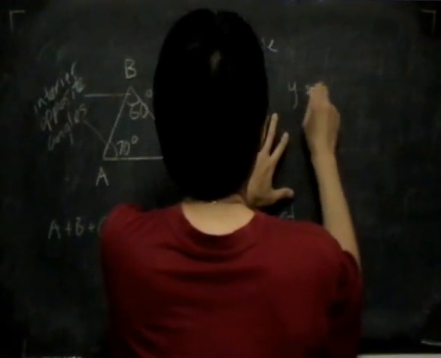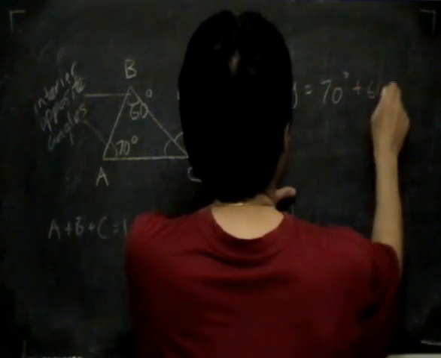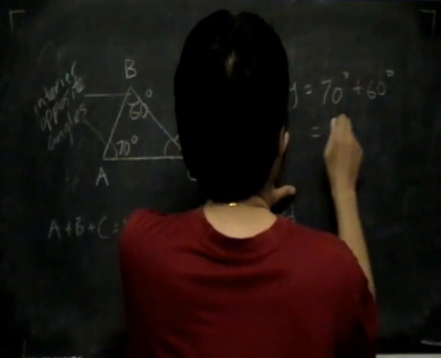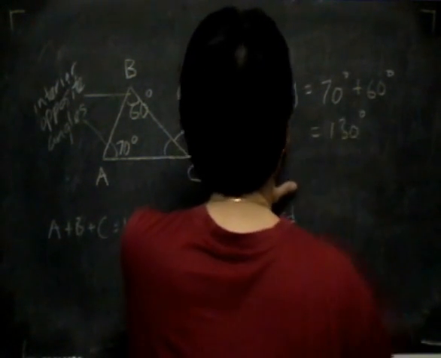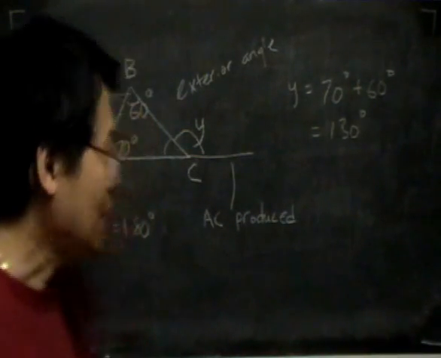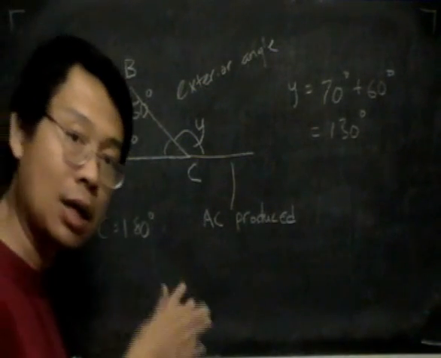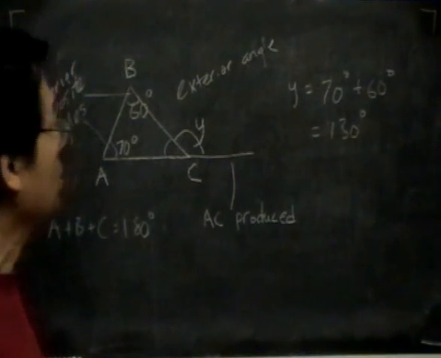So y must be equal to 70 degrees plus 60 degrees. The answer is 130 degrees. So that's the answer. That is the kind of question we might get, and this is how we could use the property.